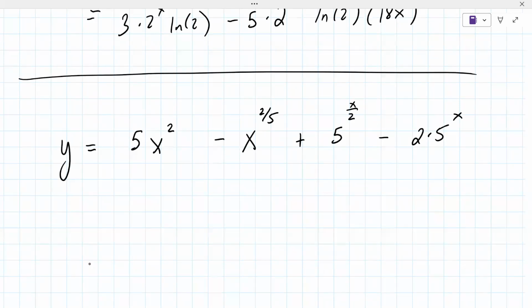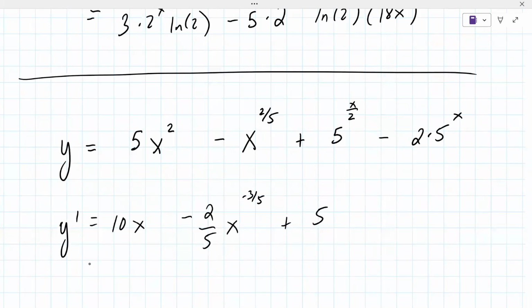Okay. So y prime equals 10x minus 2/5 x to the negative 3/5 power plus 5 to the power of x divided by 2 times ln of 5 times... how do I take a derivative of a fraction?